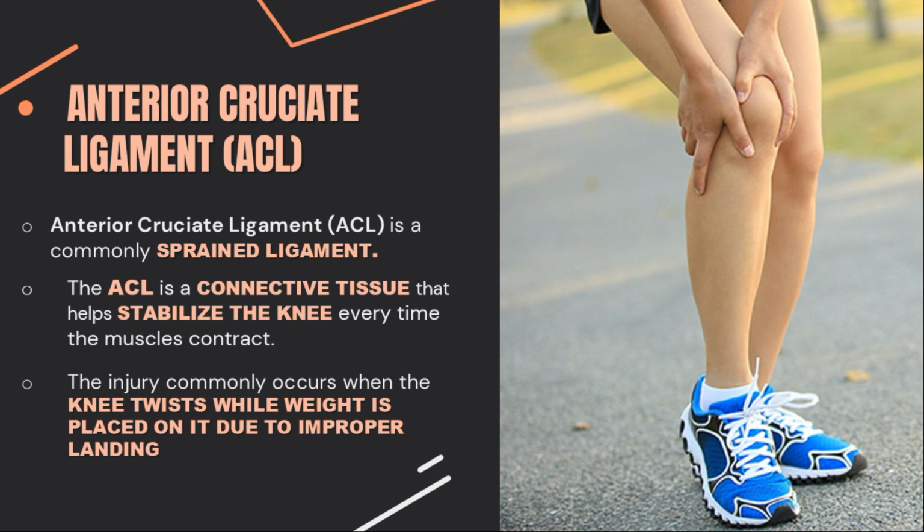Kadalasan i-experience natin ito, yung ACL na ito, once na for example, nag-dunk tayo dun sa ating ring. Then pagbaba natin, mali yung landing natin, for sure, ACL injury ang pwede nating makuha. Again, when we say ACL, it commonly occurs when the knee twists while weight is placed on it due to improper landing.